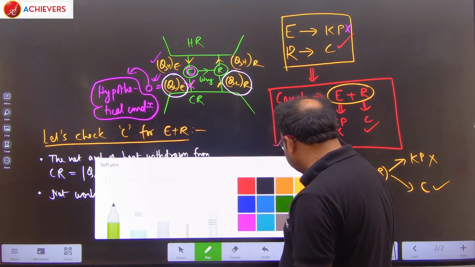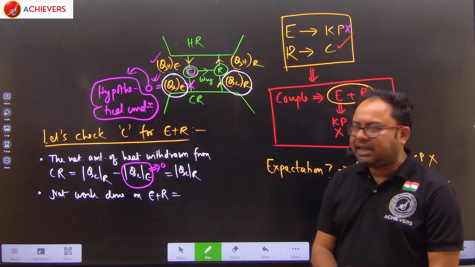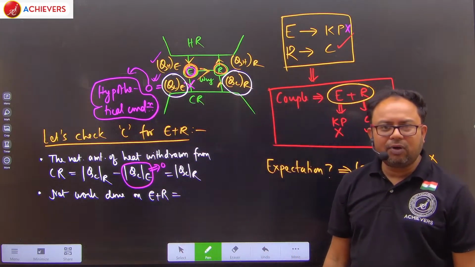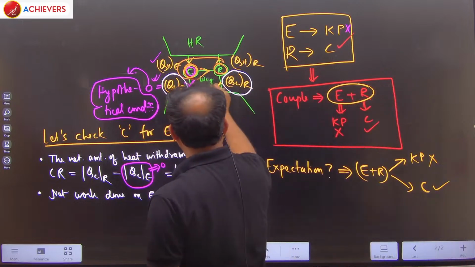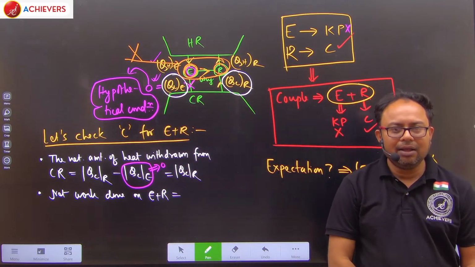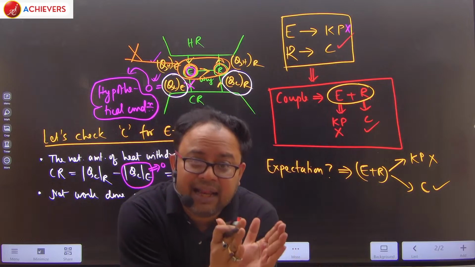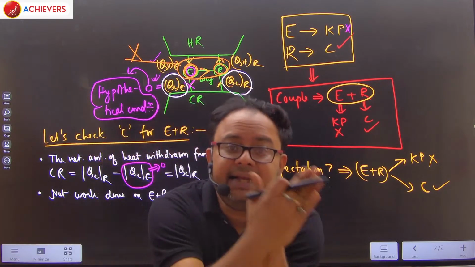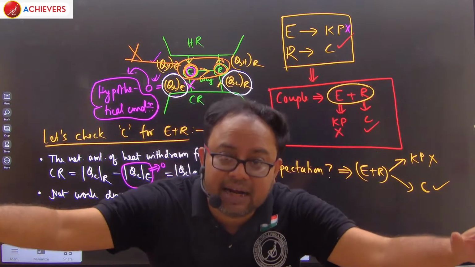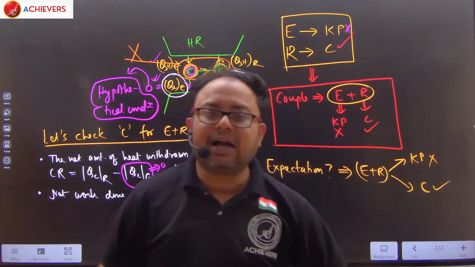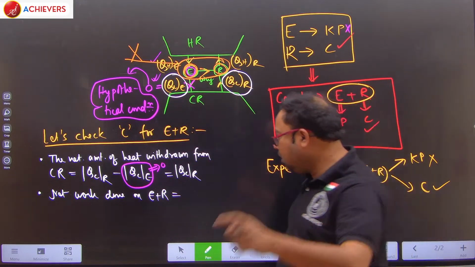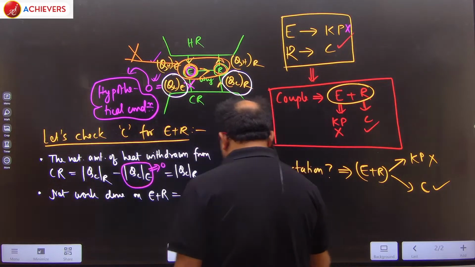If you ponder into this diagram, you see E is working on R. But there is no external work on E plus R. E is internally working on R, but there is no external work that is being done on E plus R. So, net work done on E plus R amounts to 0.